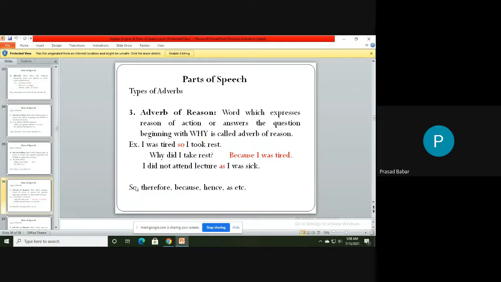If there is a reason, or when we ask why to the sentence, then it will answer, and that answer will be the adverb of reason.